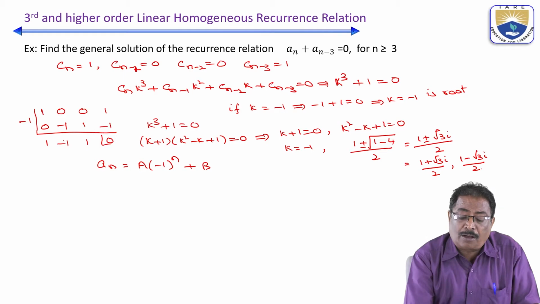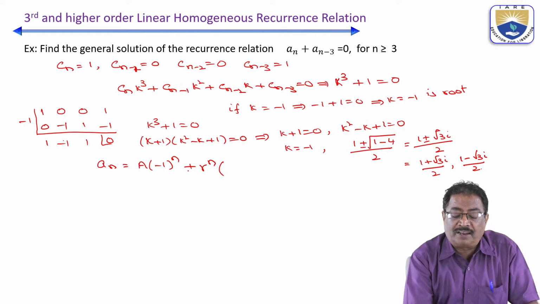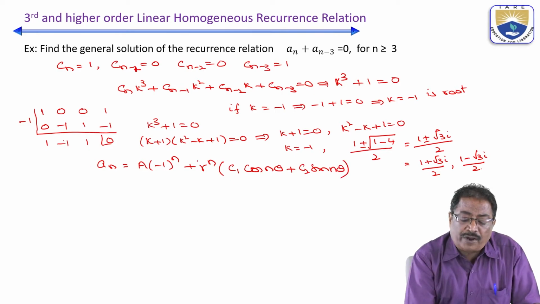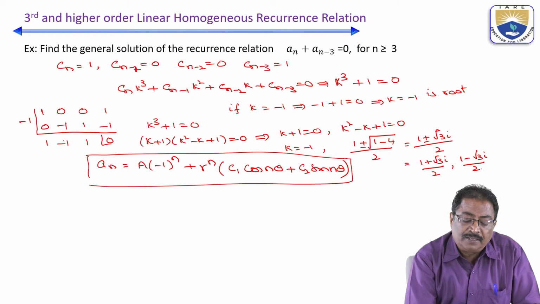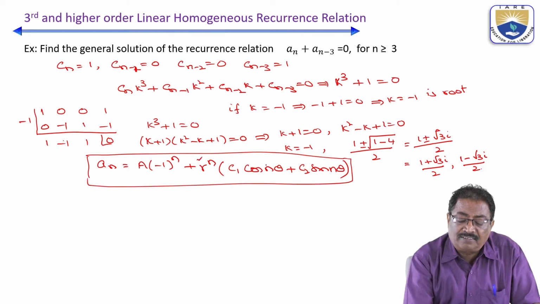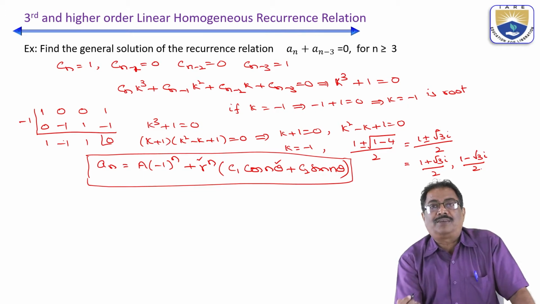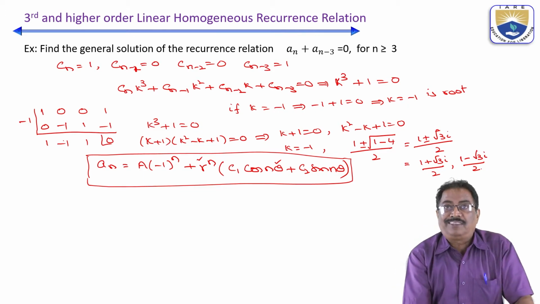Sorry, these are complex conjugates, so r to the power of n, and let us assume the other constants are c1 cos n theta plus c2 sin n theta. Now r and theta are unknown, so I am going to find the values of r and theta.